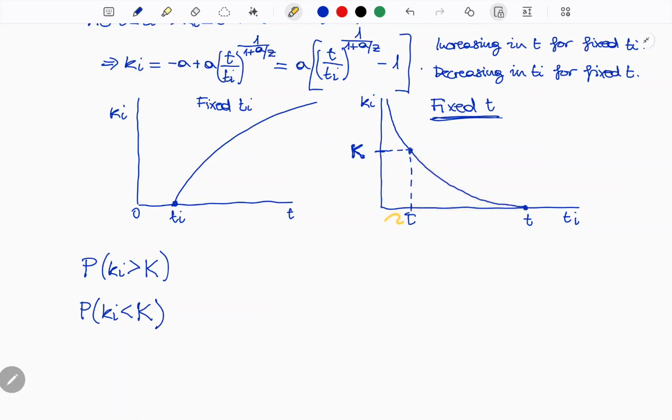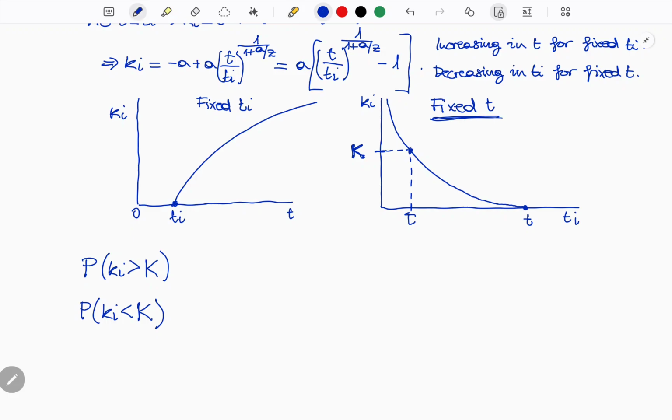So we have to look for this fraction of nodes. Remember that the total number of nodes is t. So if the total number of nodes is t, then this part over here is going to give me the fraction of nodes with degree greater than some specific k, and this part over here is going to give me the nodes that are going to be in this part.